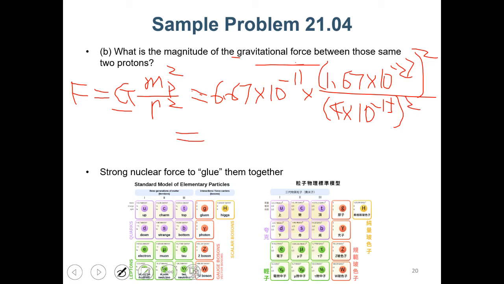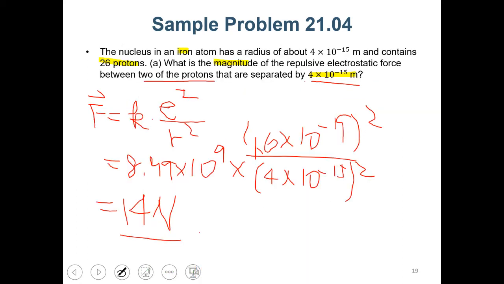So the gravitational force between two protons will be just 1.2 times 10 to the minus 35 Newton, while the electrostatic force between the two protons will be 14 N.